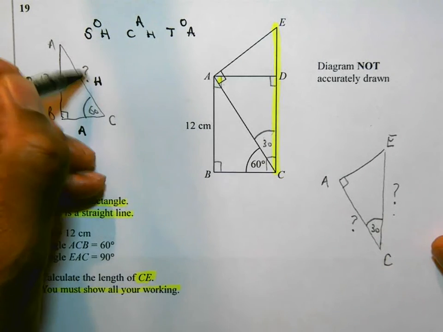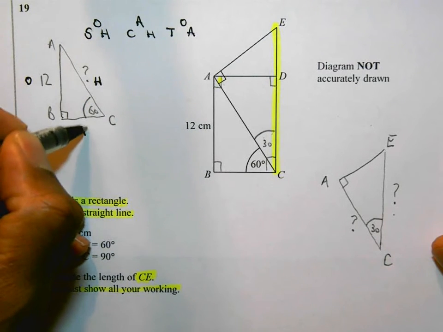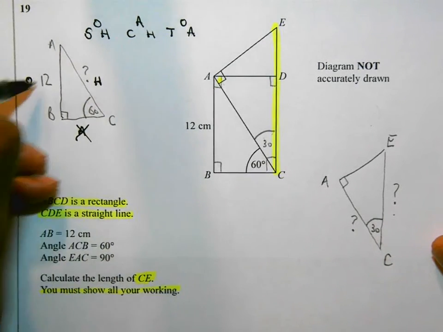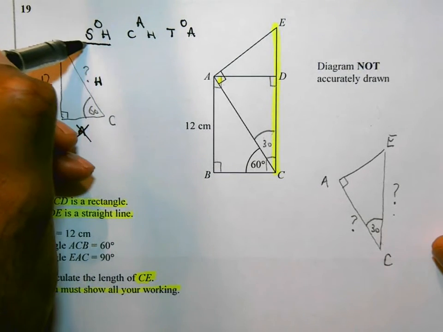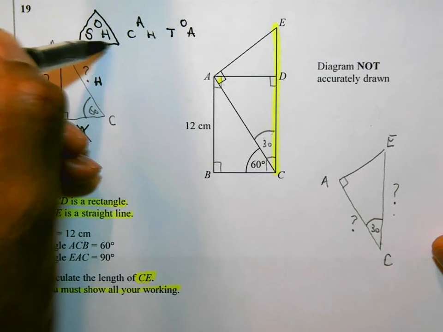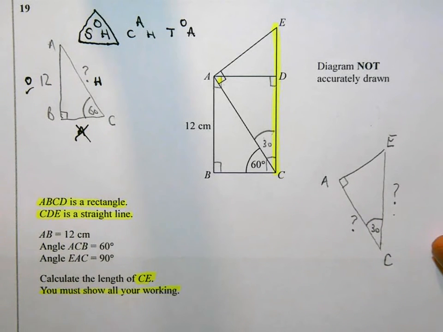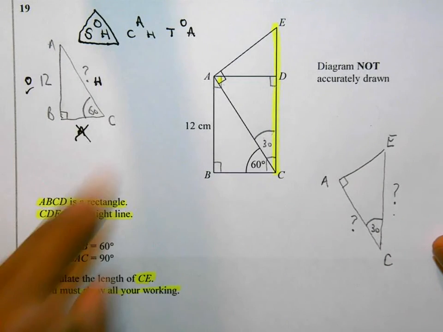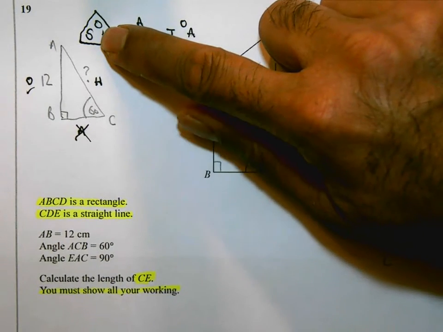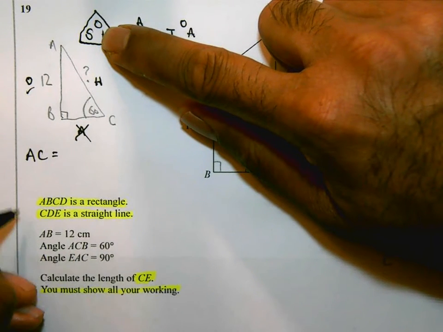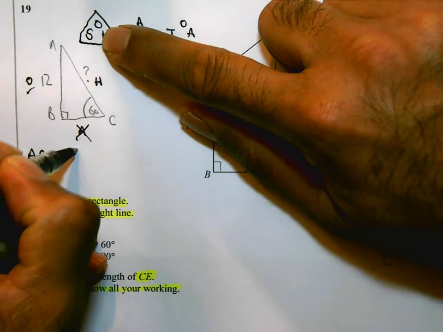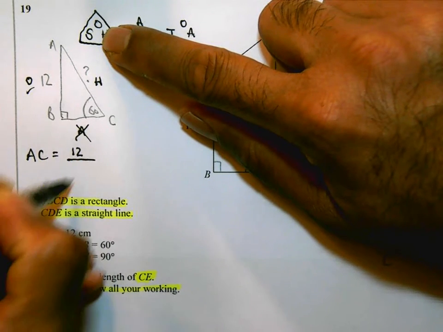I don't need the adjacent side, and I know that the opposite is 12. So I'm going to use SOH in SOHCAHTOA, which means I need to use sine of an angle. It's the hypotenuse that I want to work out. So if I cover that up, the hypotenuse, which is AC, is going to be opposite over sine of the angle. Opposite is 12, sine of the angle 60.